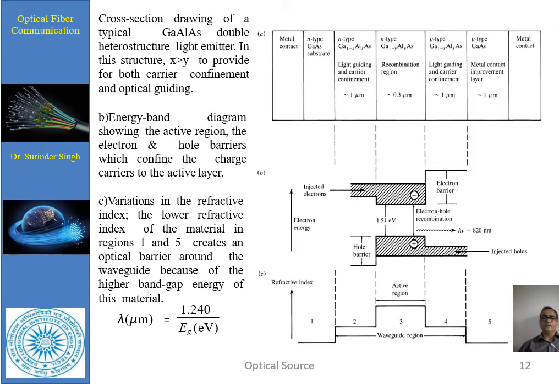Another point is that the refractive index of the center recombination region has to be higher as compared to the side layers.